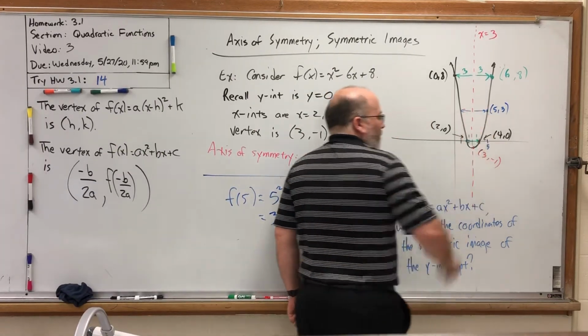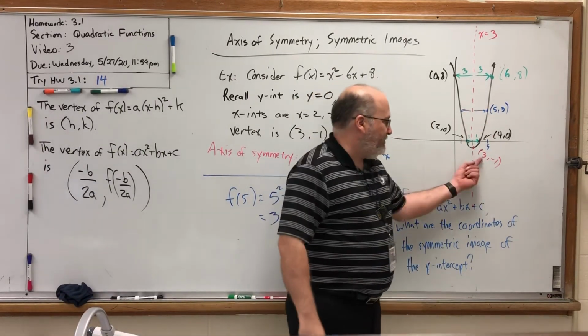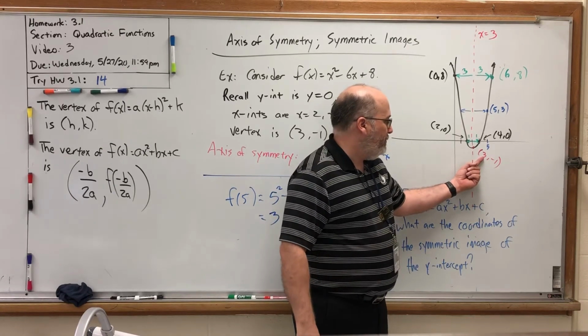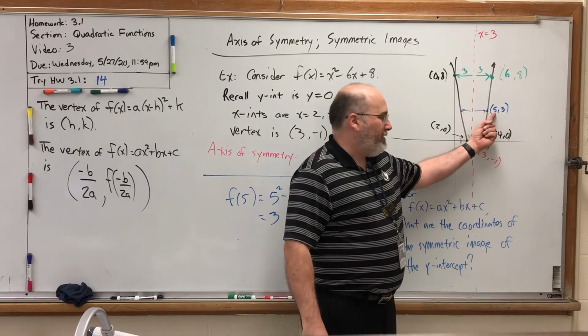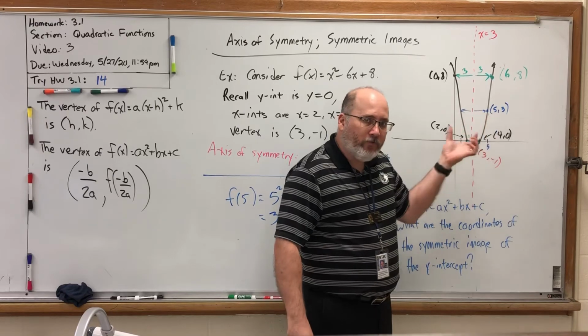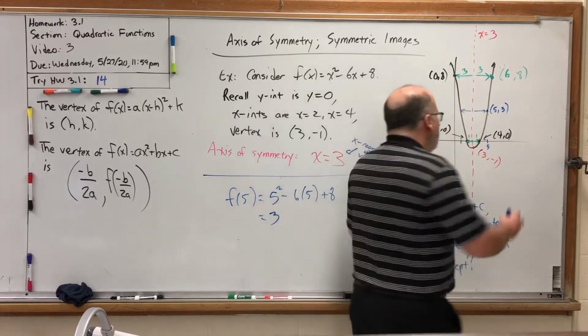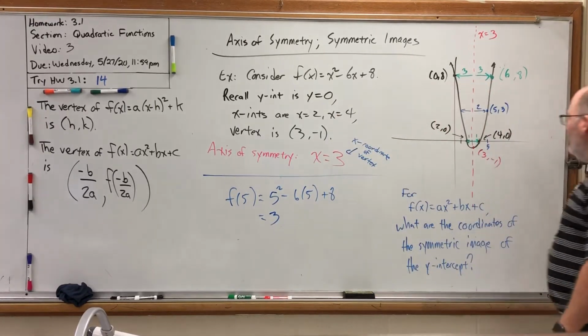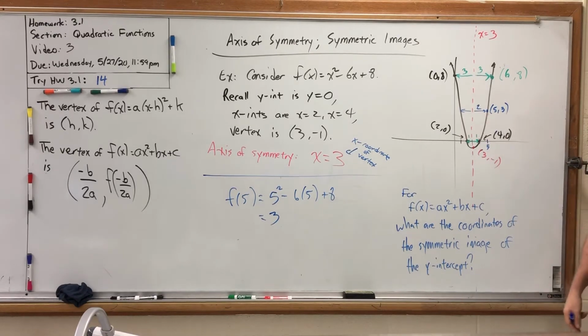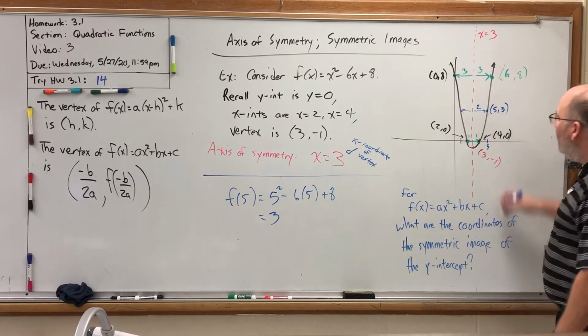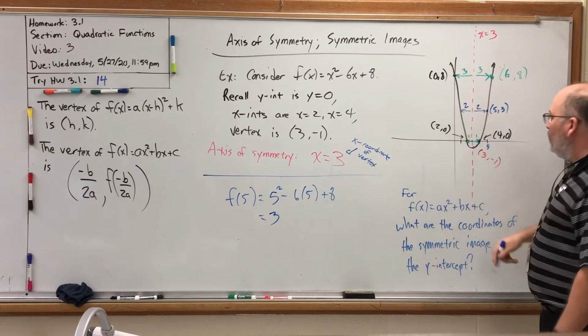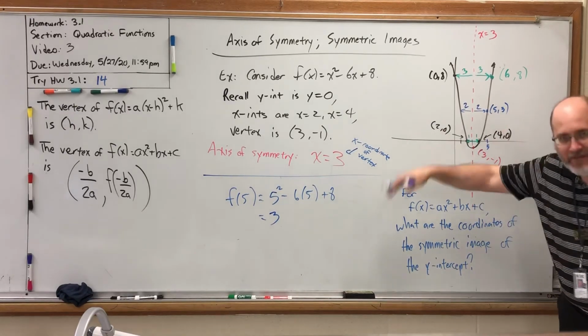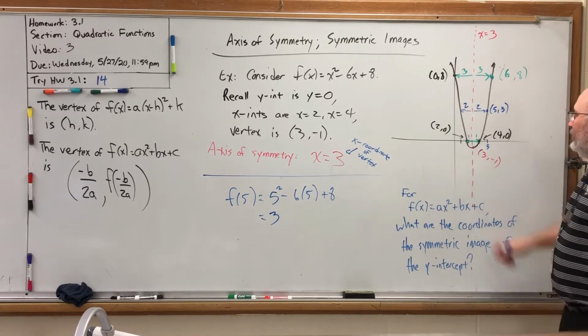Think about how far from the axis it is. The axis is at x equals 3. This point is at x equals 5. How far apart are 3 and 5? 2. So if this point is 2 spaces to the right of the axis of symmetry, then its symmetric image is 2 spaces to the left of the axis of symmetry.